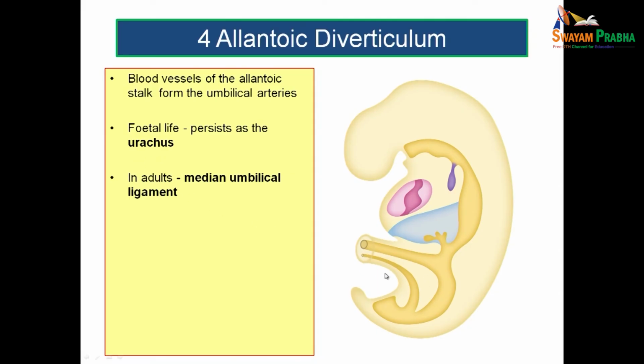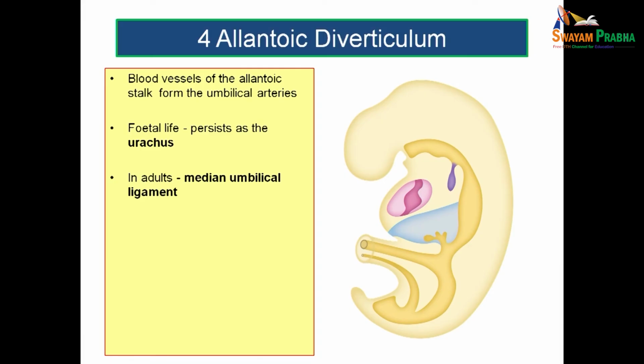So, the remnant of the allantoic diverticulum in fetal life, you call it urachus, but again after birth, this urachus will be converted into the median umbilical ligament, that is the ligament lying in the midline. There is only one ligament, so it is known as the median umbilical ligament. So, the allantois in the late fetal period, the remnant is known as urachus, and once the child is born, this will be converted into the median umbilical ligament.